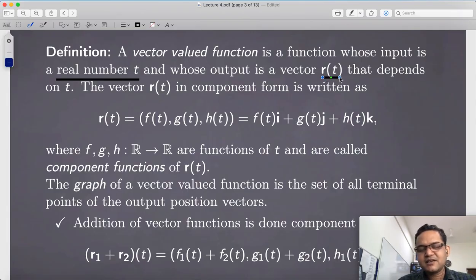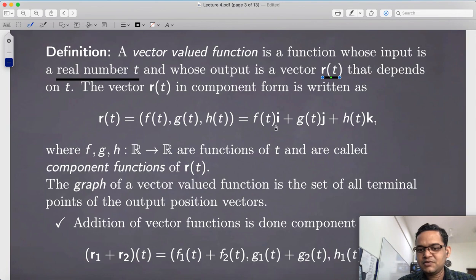We will always write the notation t going to r(t), or t going to u(t) or v(t), for vector valued functions. So r(t) is going to have three components, each component a function from R to R, and we will often write these functions as f, g and h.